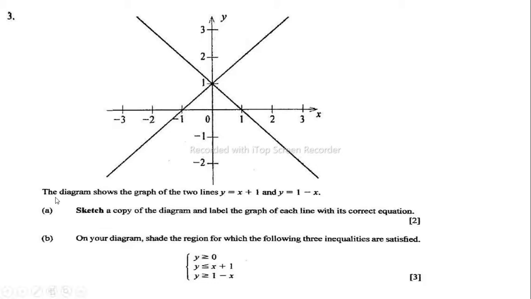So what happened is that we're trying to figure out which one is which. So we know that this one is x plus 1. That means that the slope is going to be positive. So we are climbing, we are ascending, so this one is going to be y is equal to x plus 1.